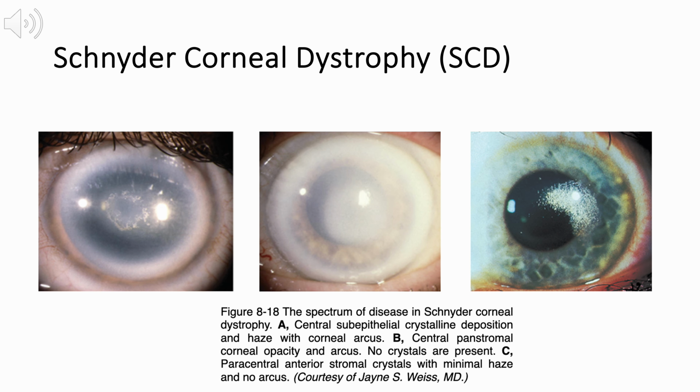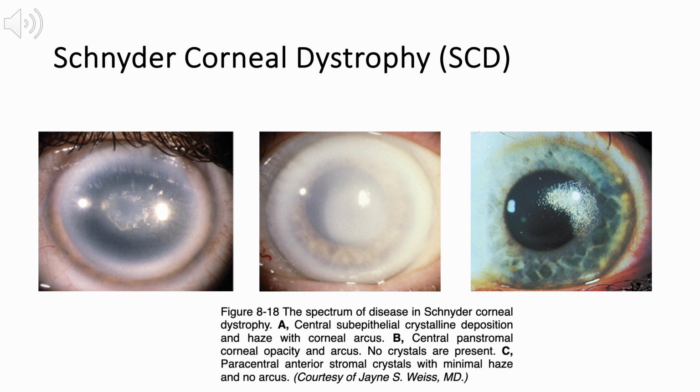This slide illustrates the spectrum of findings seen in this condition. In image A, we see central subepithelial crystalline deposits accompanied by corneal haze and the presence of a corneal arcus. In contrast, image B demonstrates central panstromal opacification with arcus, but notably without crystalline deposits, reminding us that crystals are not always present.